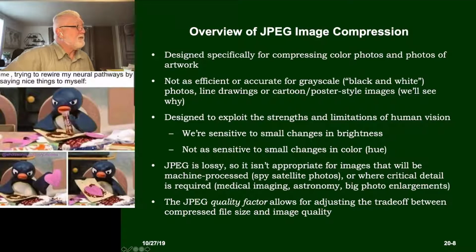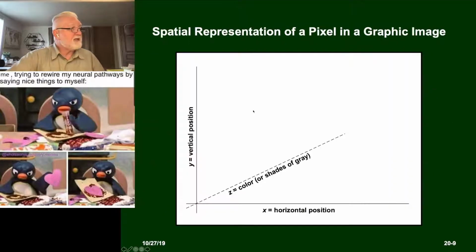Okay, now the way this thing works, and I changed the order here just a little bit if you have access to the slides online. This is the representation of a pixel in any kind of random graphic image. There's an X and a Y position, and then there's a Z axis, which is the color, right?